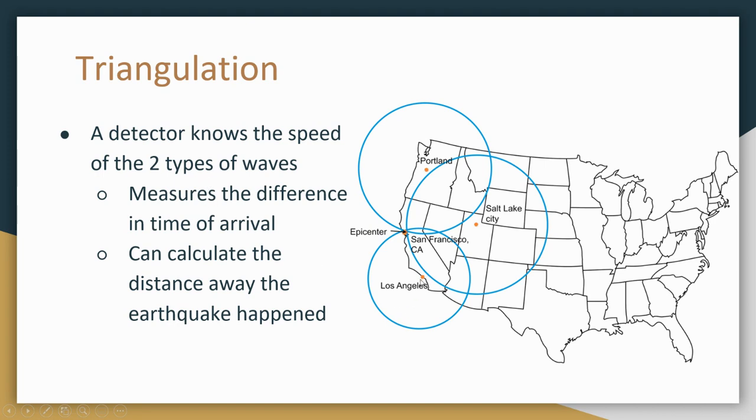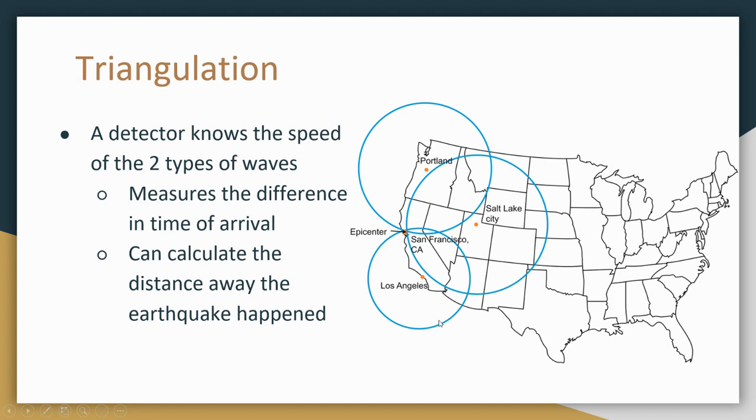So if I'm here in Los Angeles and I get two sets of waves from an earthquake, first I get primary waves, and then a couple seconds later, secondary waves arrive at my station in Los Angeles. Well, I can use algebra to calculate exactly how far away that earthquake happened. That tells me that the earthquake happened somewhere on this circle.